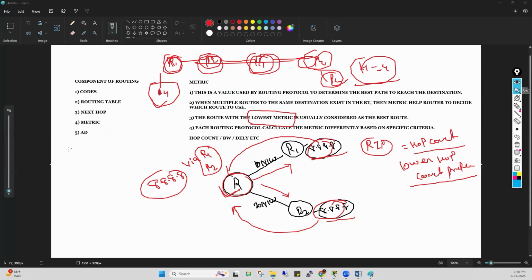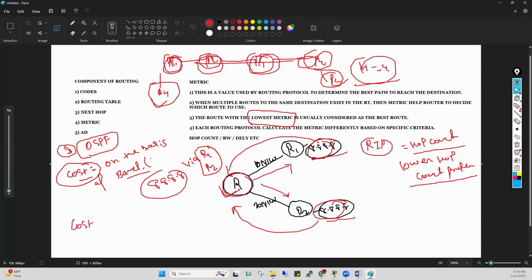Now, for example, you are using the routing protocol OSPF. Clear? OSPF uses cost to calculate the metric. In case of OSPF, the router calculates the metric on the basis of cost. Please remember, the router calculates the cost on the basis of bandwidth.